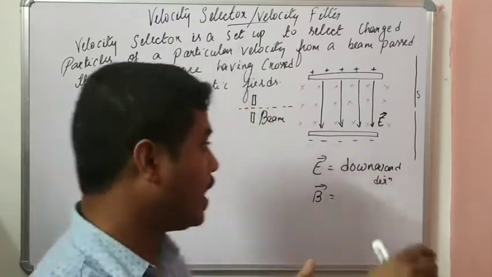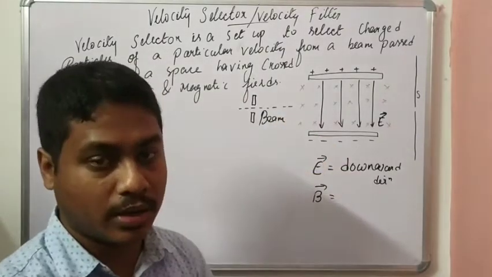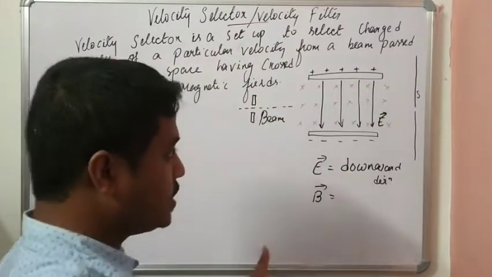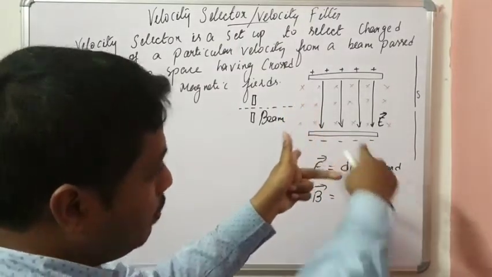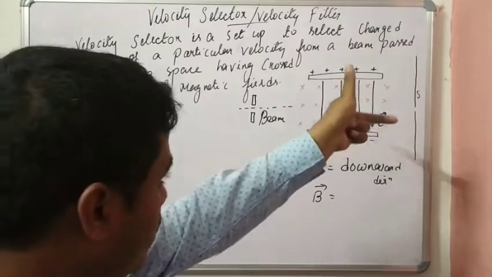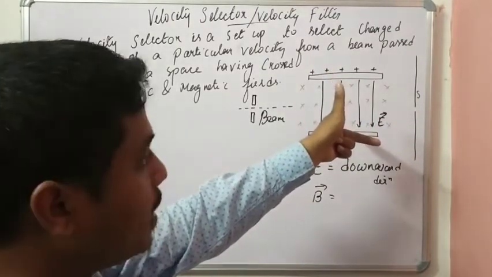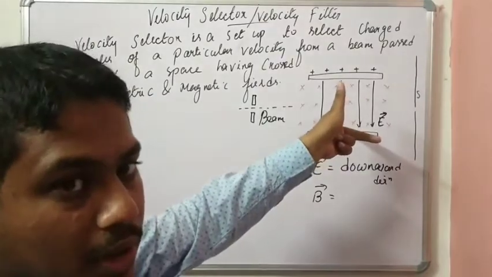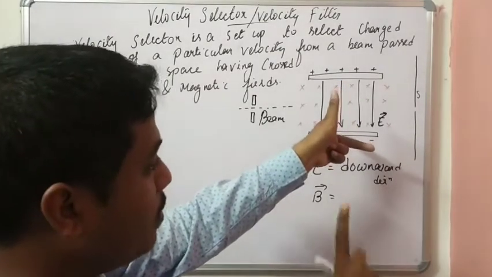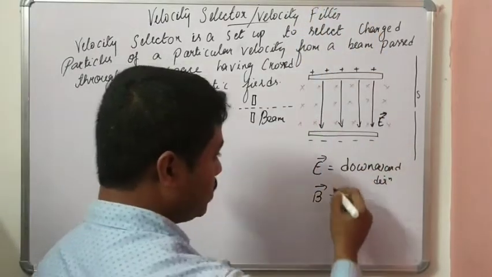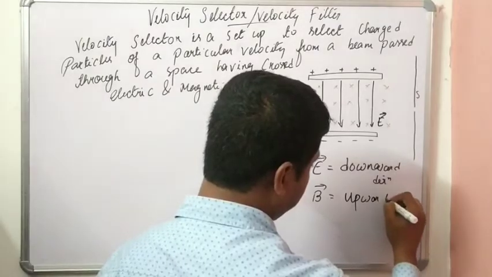That means the current is directed towards this side because this is a beam of positively charged particles. This is the current direction, and the magnetic field is acting inward. You can see my thumb pointing upwards, and that is the magnetic force. That means the particle will be moving in an upward direction because of the magnetic field.